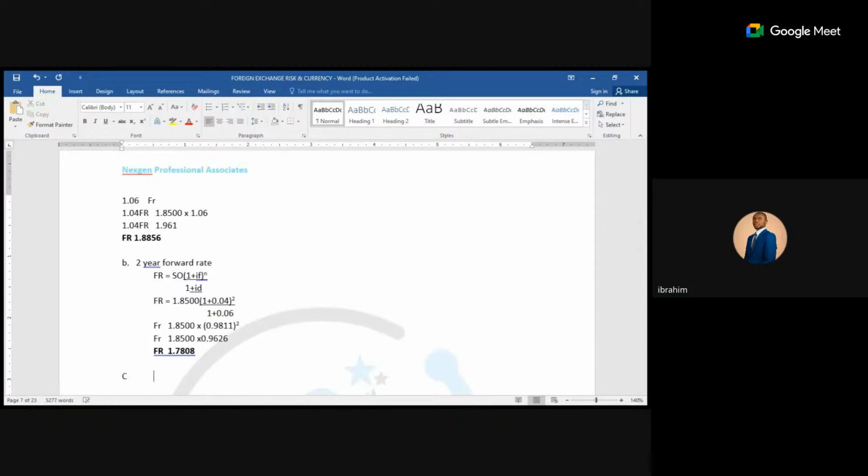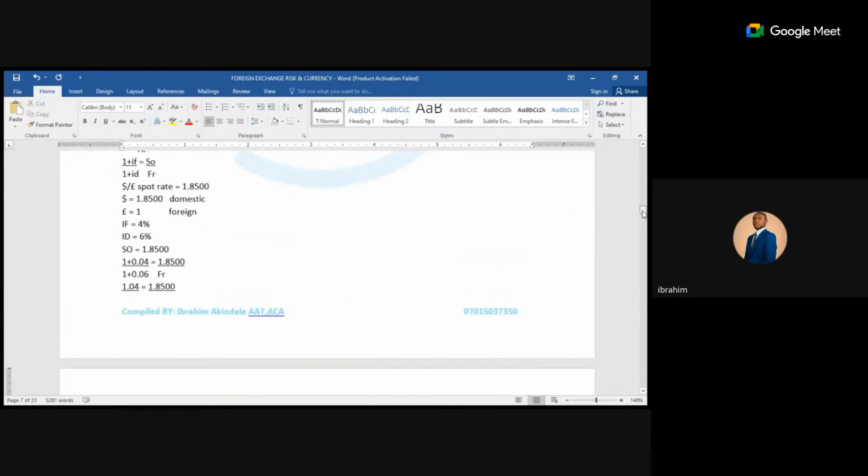This is for 6 months. 6 months forward rate. How do we determine the 6-month forward rates? We already know that. Let me copy this. Six-month forward rates.